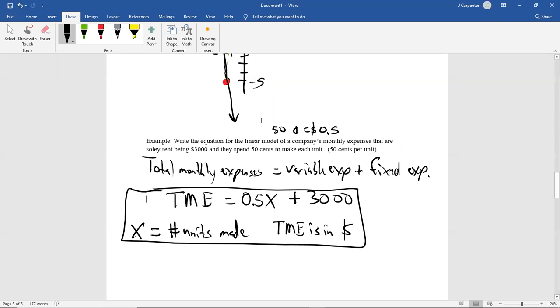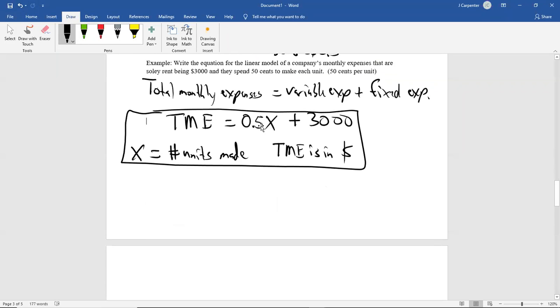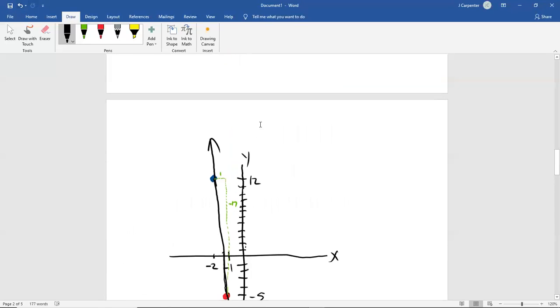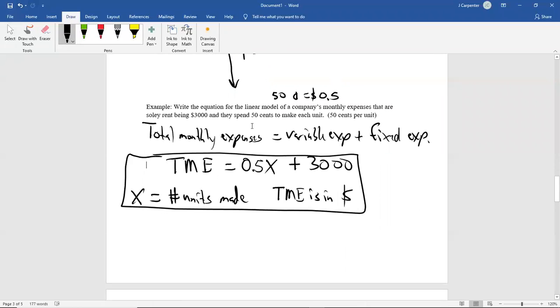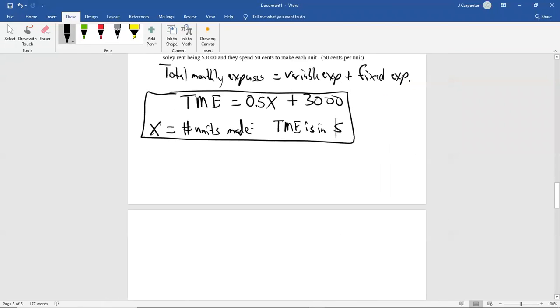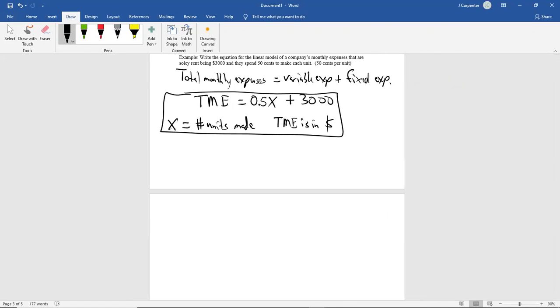I could even graph this. I didn't ask for the graph, but I'm going to graph it. So we have an initial amount or a fixed amount of $3,000.